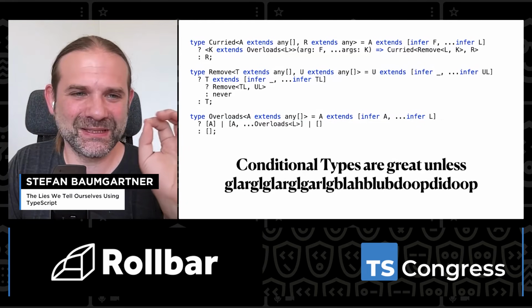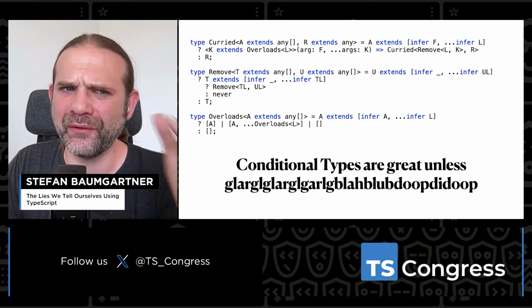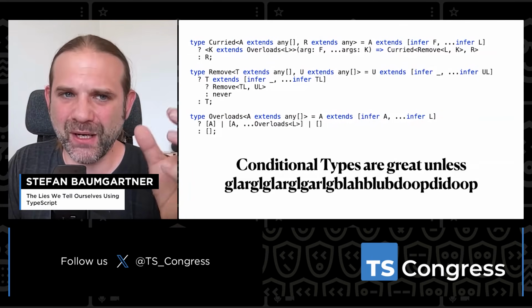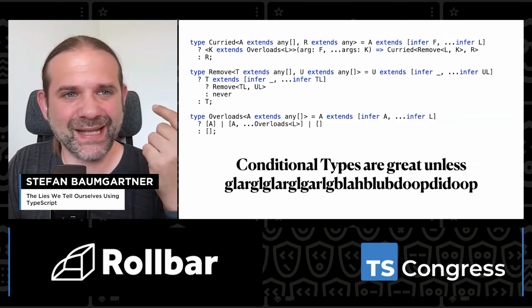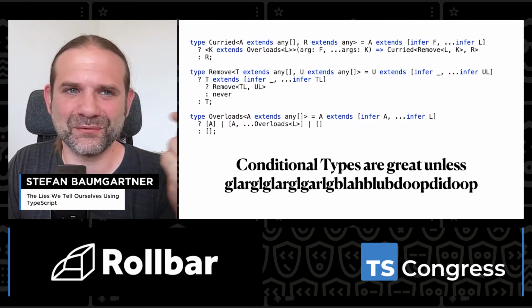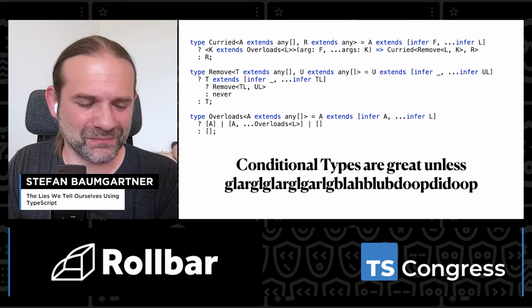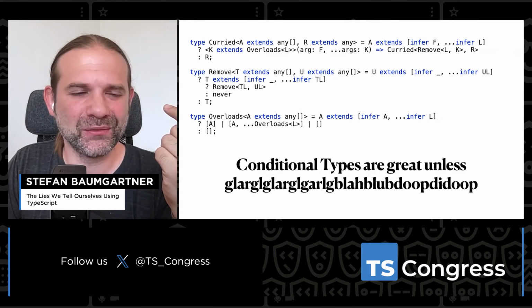But if you use conditional types, know about their complexity. They are great because you can do a lot of things with them. They are very powerful. It's amazing what you can do with them, but they require extra documentation and extra care. And you're not here to work for the latest and greatest and for the most code voodoo that you can do. There's no magic in coding. You need to work with people.